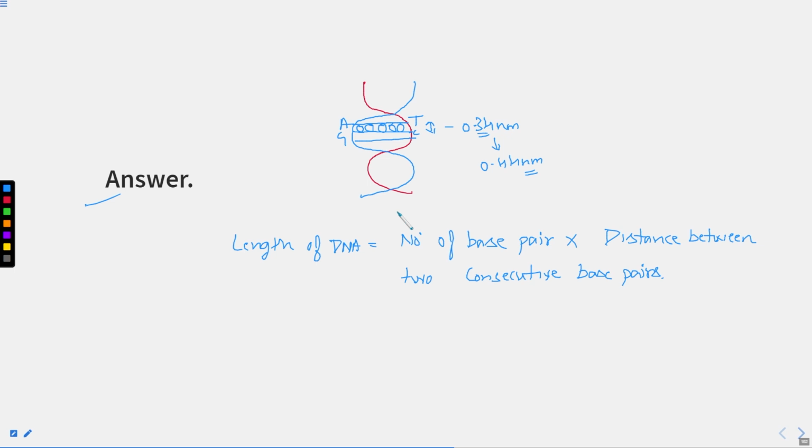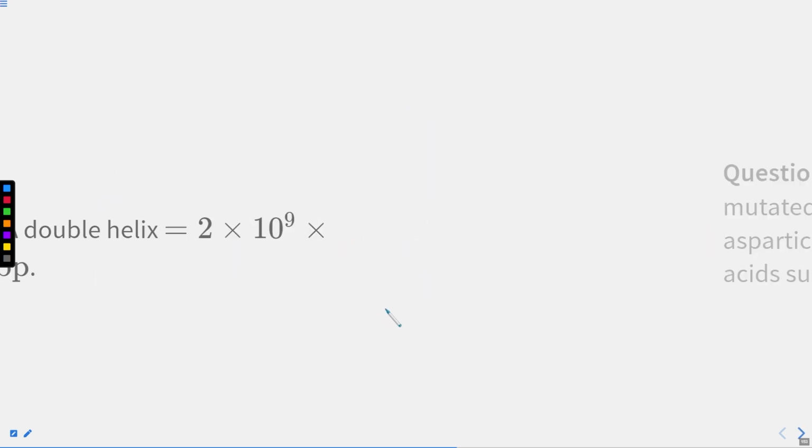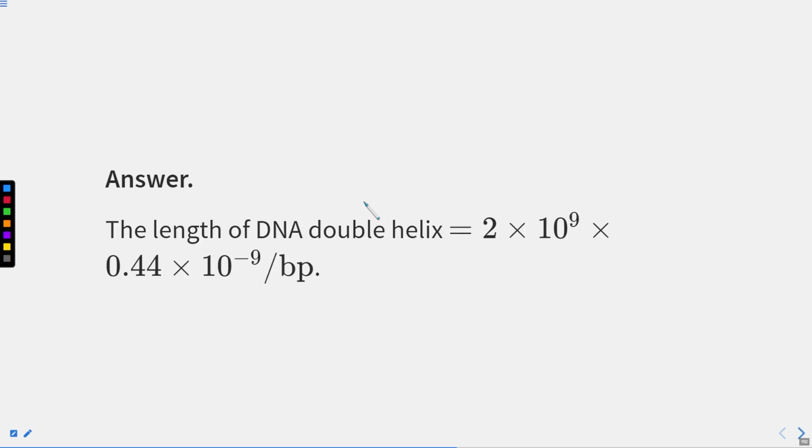All right, this is clear. Now, let's have a look at the answer. So, the length of the DNA double helix, you can calculate now.